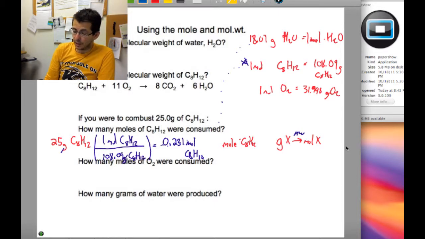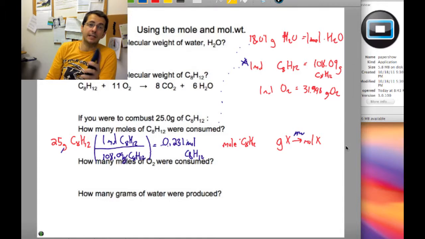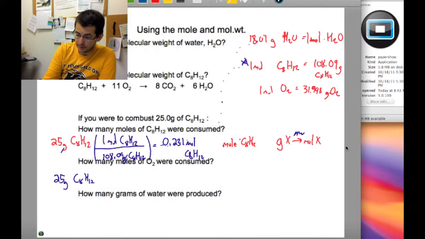Well, how about the moles of oxygen? How do we figure out how many moles of oxygen were consumed? Now, it's not 1 to 1. We know that for every 1 C8H12, that's 11 O2. Your choices are twofold. You can just use the answer that you just generated, or you can start from scratch. My suggestion is, whenever you approach a chemical problem, start with what's given. Take shortcuts later. We have 25 grams C8H12. And so our strategy, notice how this is different.